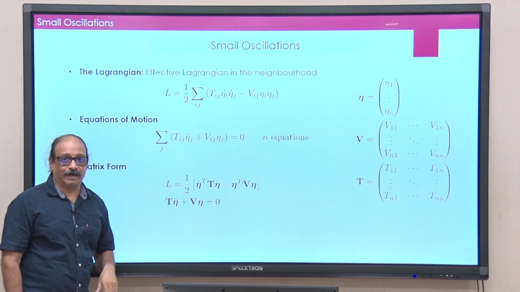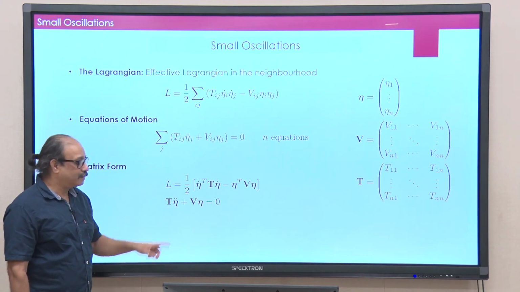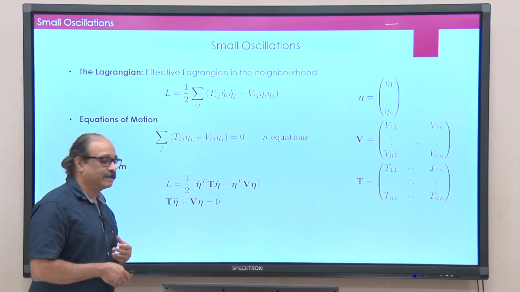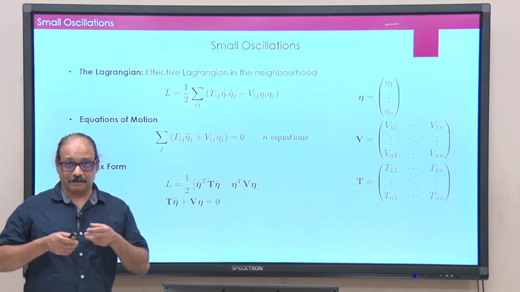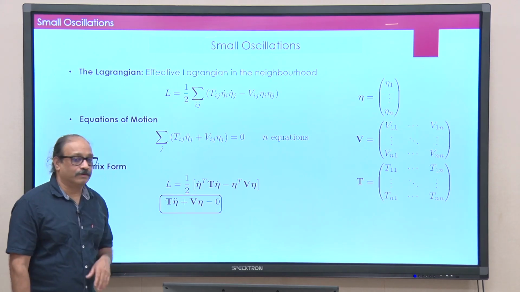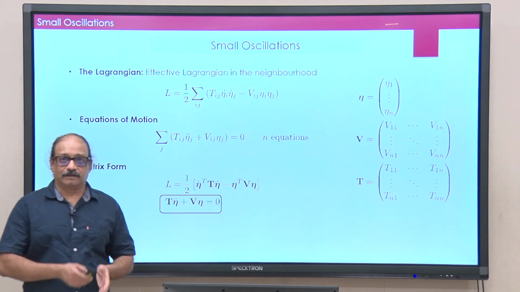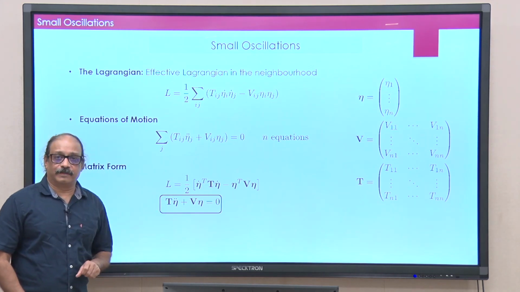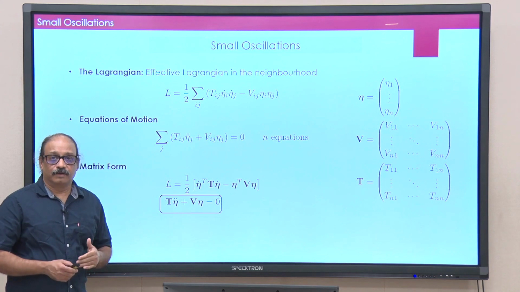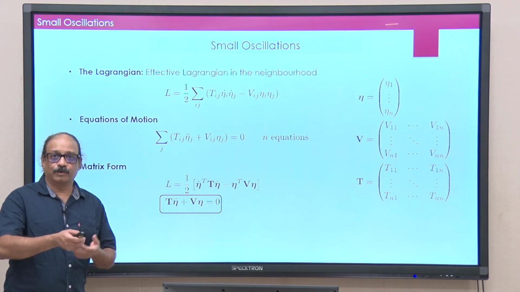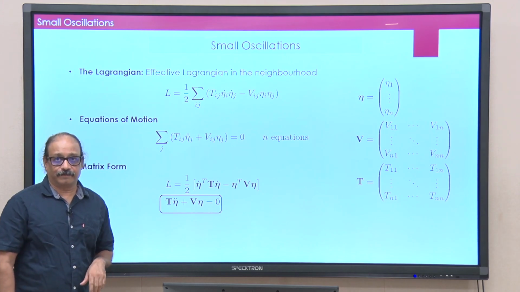Put it here in a matrix form: T eta double dot plus V eta must be equal to 0, and this is basically the linear differential equation that we are going to focus on for the rest of the week. This is the approximation that we will come to for every problem where there is a stable equilibrium and a motion about the stable equilibrium.